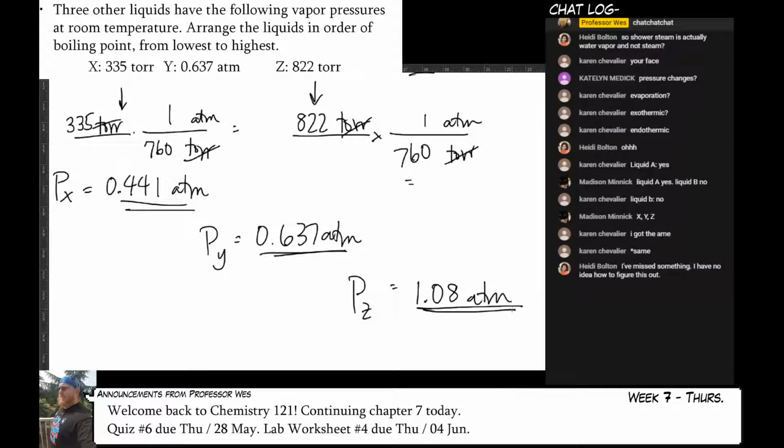I guess the better way to pose this question is to say, which of these has a boiling point below room temperature? One of them does. Can things have a boiling point below room temperature? Sure they can. What temperature does the air that you are breathing boil at? Well, the air around you is a gas, right? So it must have already boiled, because the current temperature is too hot for it to be a liquid.